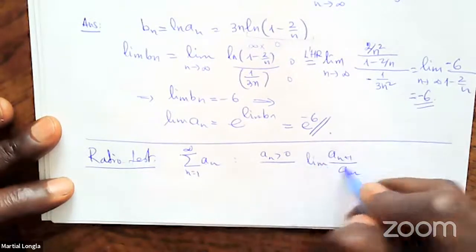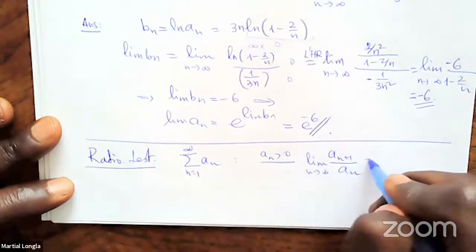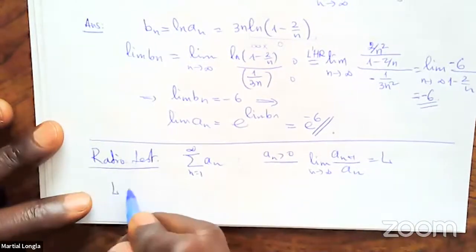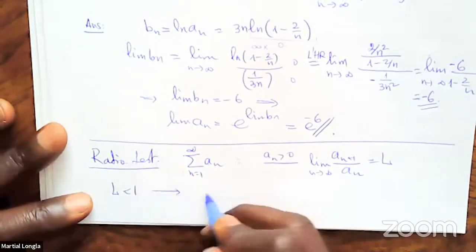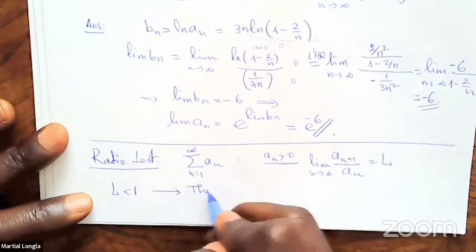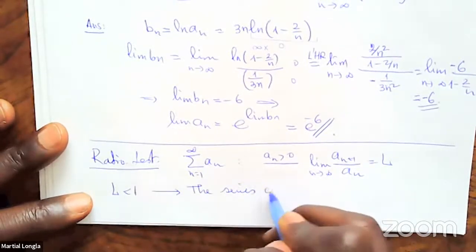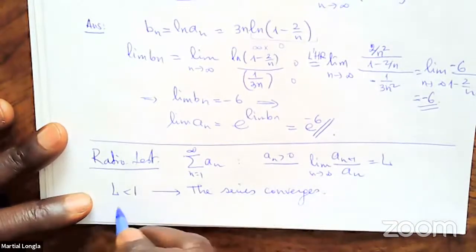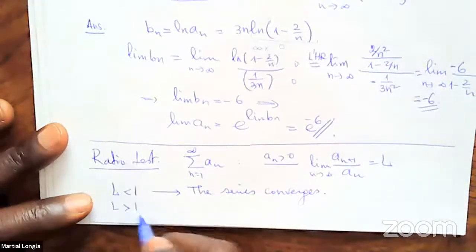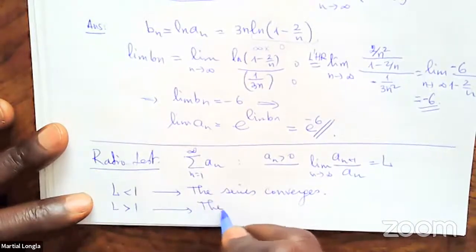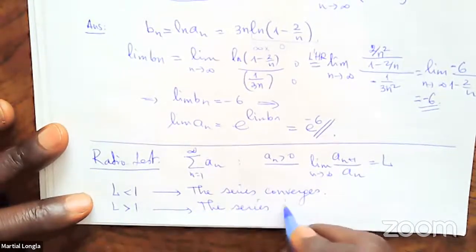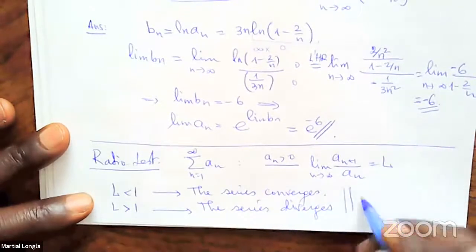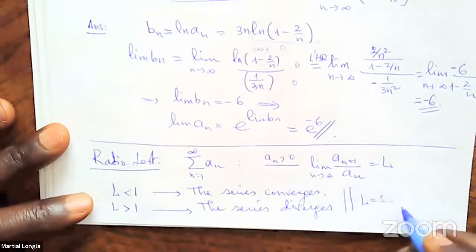Find this limit as n goes to infinity to be L. L less than 1 would imply that the series converges. L larger than 1 would imply that the series diverges. And L equal to 1 would be inconclusive.